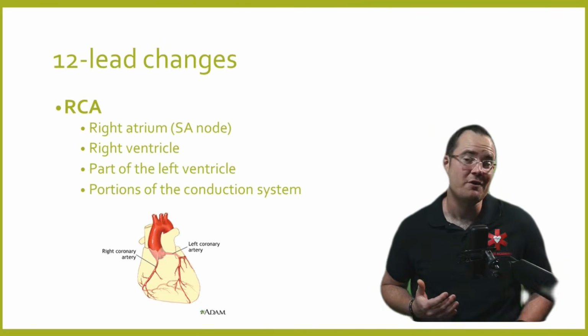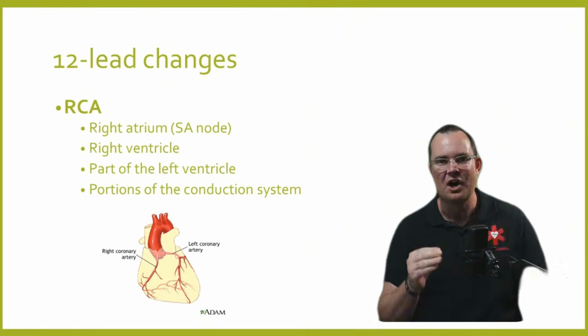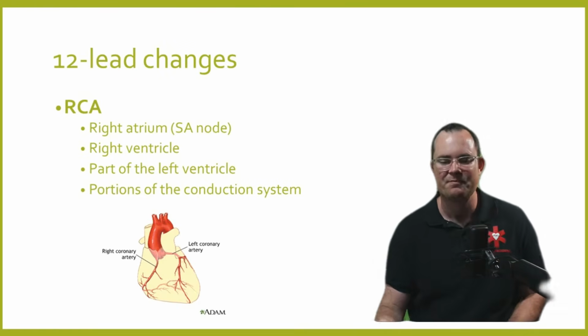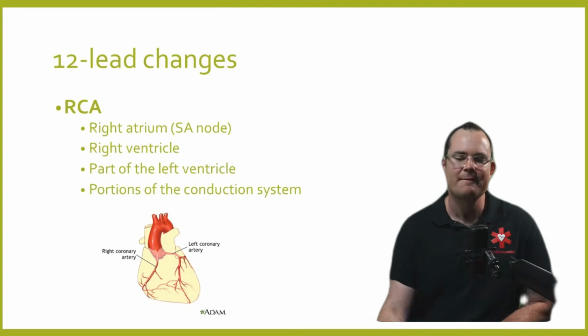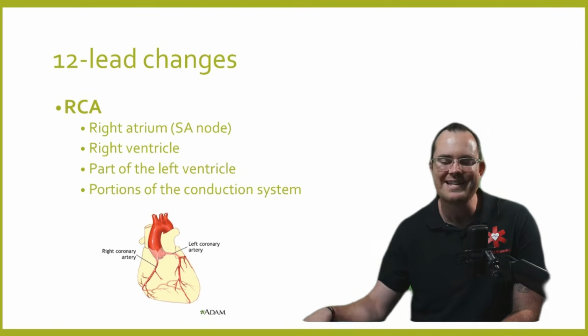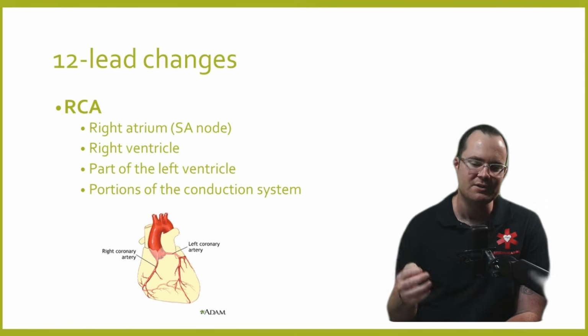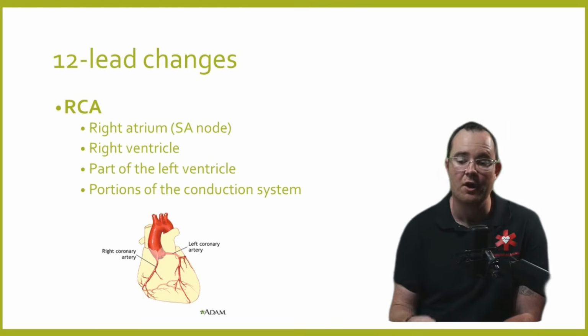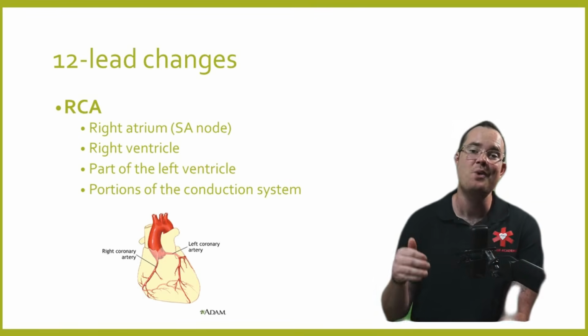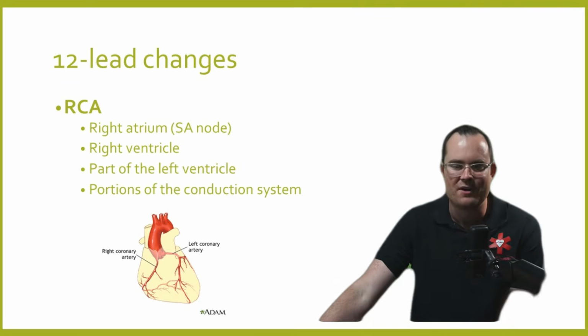Now, I know I said I'm not going to go over 12 leads. I'm not going to talk about EKGs, but you have to know what is causing your 12 lead change. What's going on here, right? We got a patient who's having an acute myocardial infarction. What is happening and why is that patient experiencing the symptoms that they're experiencing? Now, talking about the right coronary artery, also known as the RCA, you have to know this. Please write down what is supplied by the RCA.